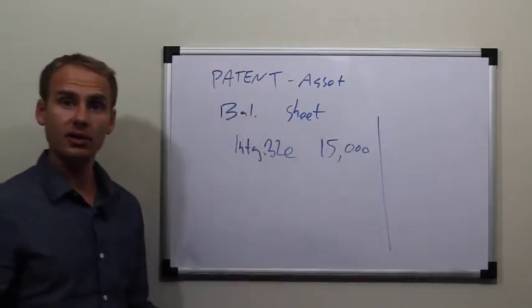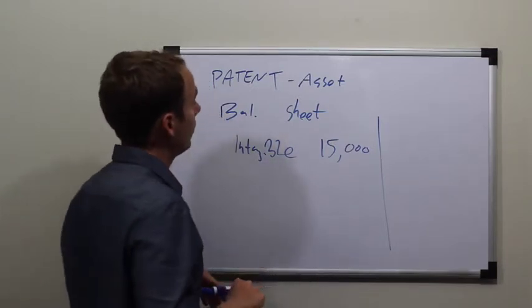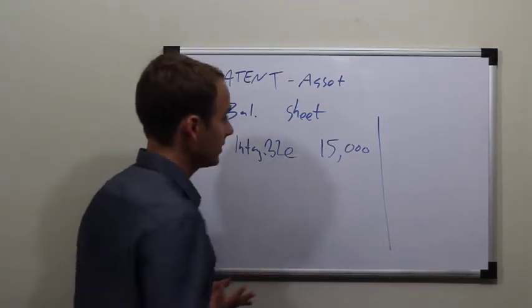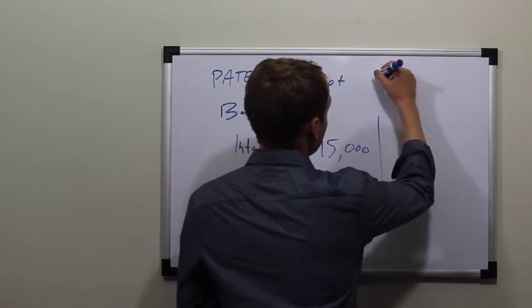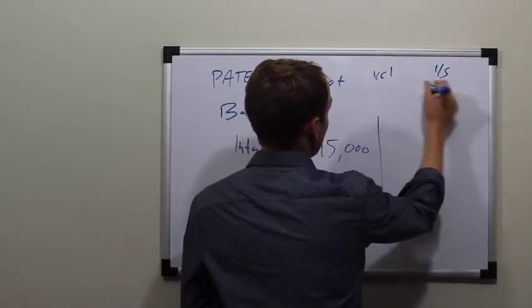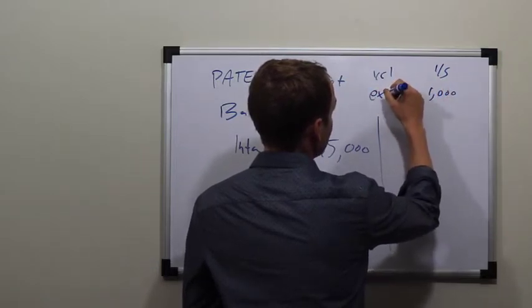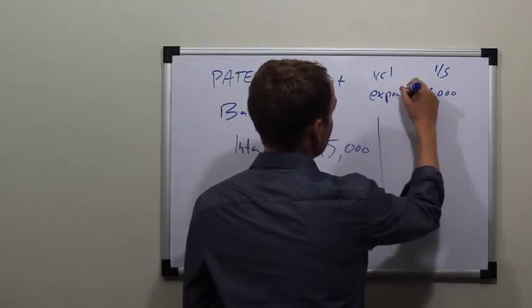Now, every year, as we write off $1,000, or we have $1,000 expense on the year one income statement, we'll have $1,000 of intangible amortization expense. So we have this amortization expense for $1,000.